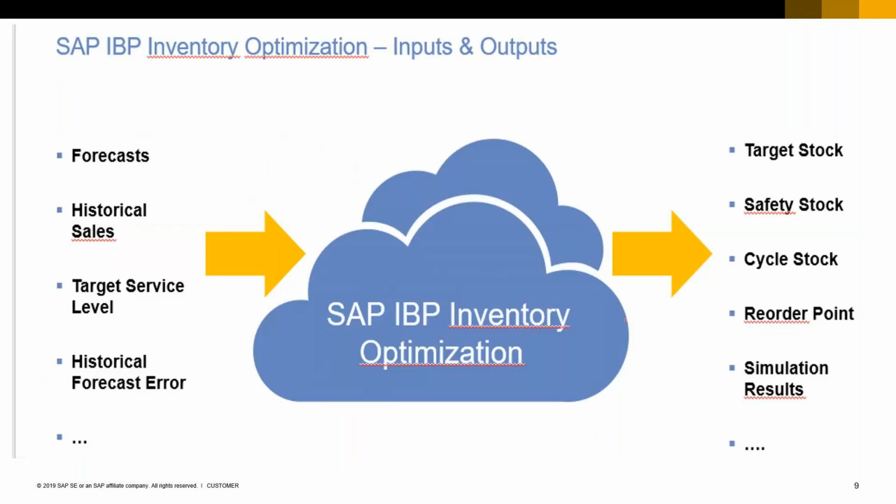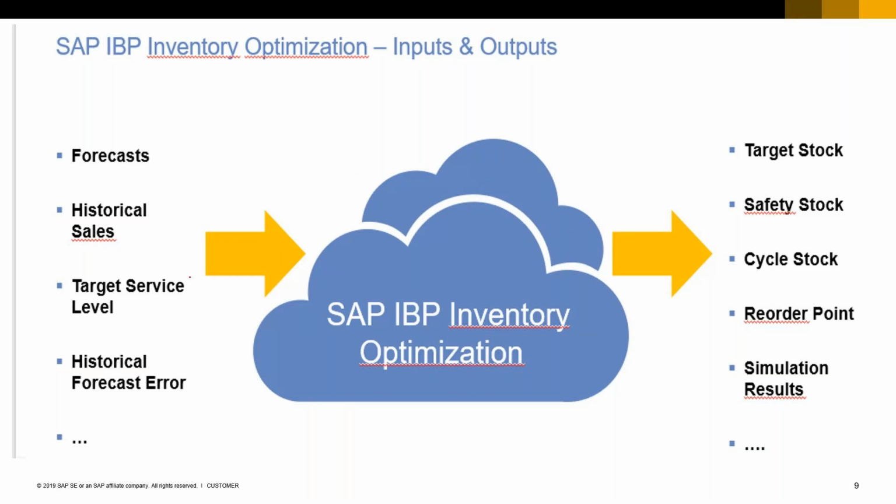So these are some of the inputs that we give, that is, what the target service level will be, the range of 70% to 97%, in order to define my target service level of 95%. How much safety stock, for example, I have to keep, and what kind of errors there are in my forecast, as we were discussing. All those will be the inputs, and then this kind of stuff will be the output.